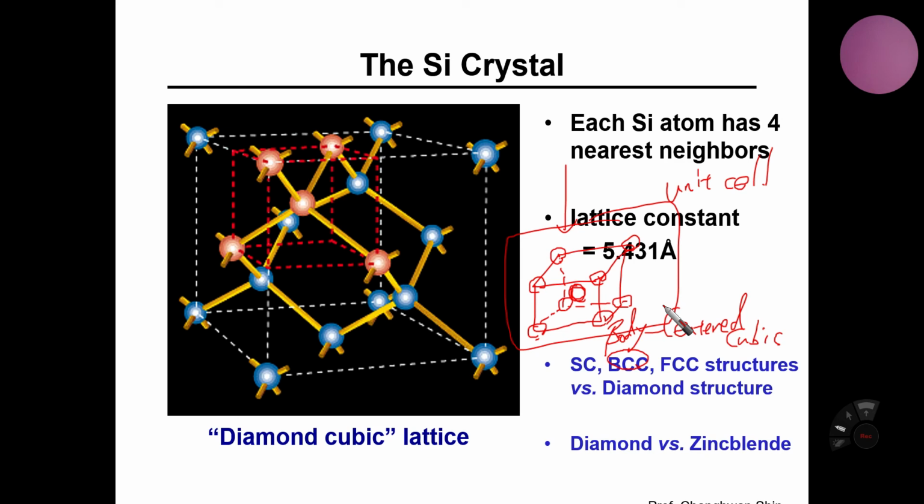Again, for your information, diamond structure is FCC plus what? Four more atoms on diagonals. So remember how the diamond structure can be built up with FCC structure with additional four atoms. Okay, so let's move on to the next slide.